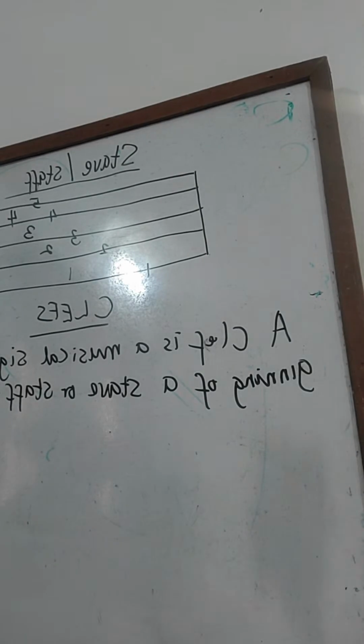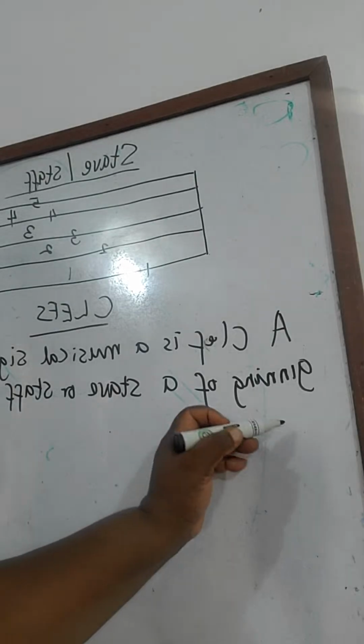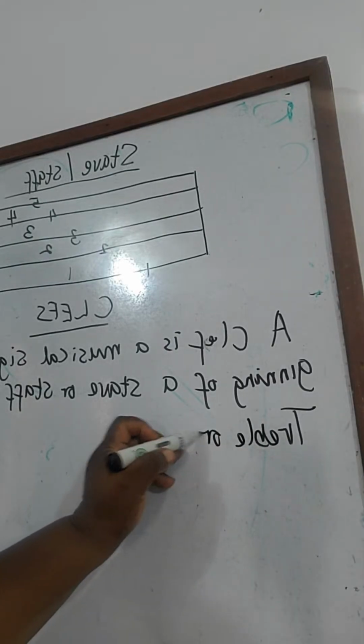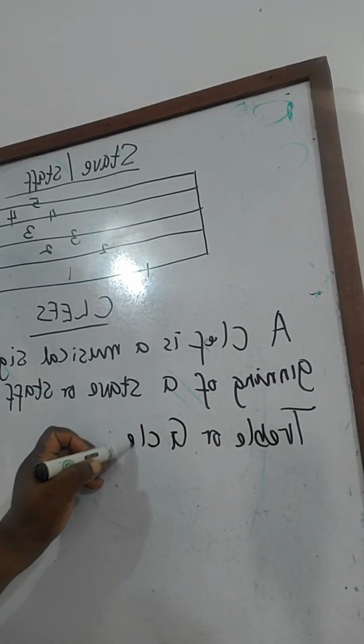Generally we have 2 types, but actually we have 3. But we don't teach the 3rd one because it's meant only for certain musical instruments. So the first one is called treble or G clef. Treble or G clef.